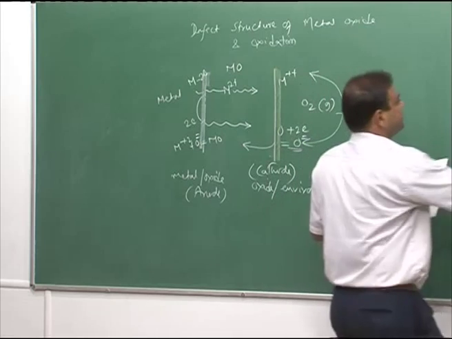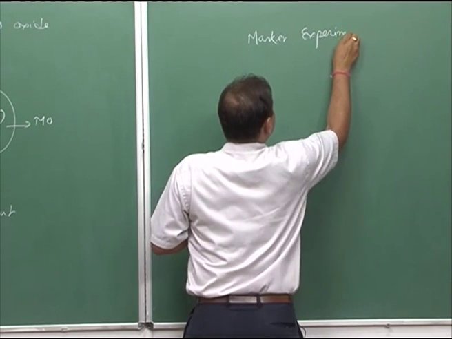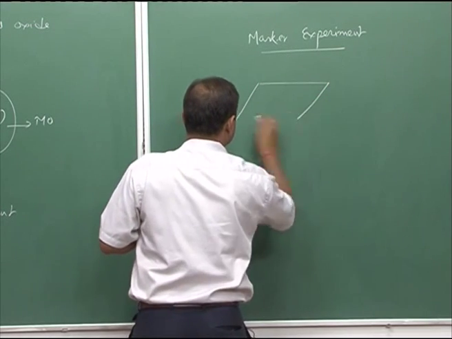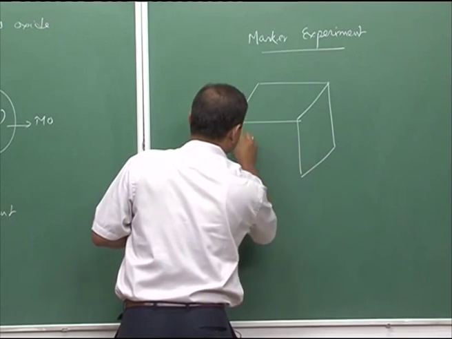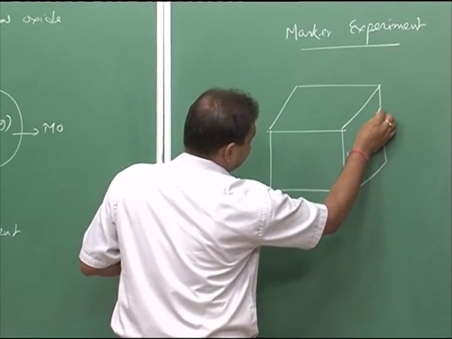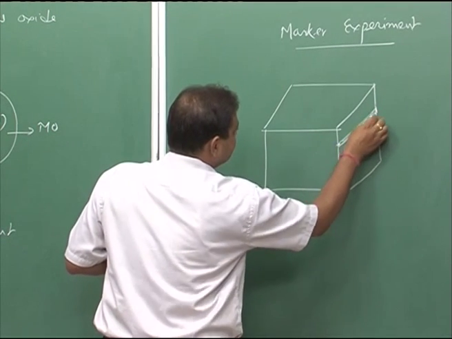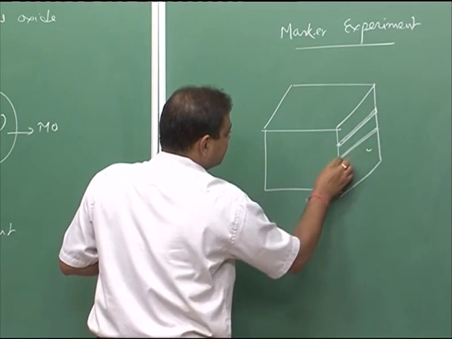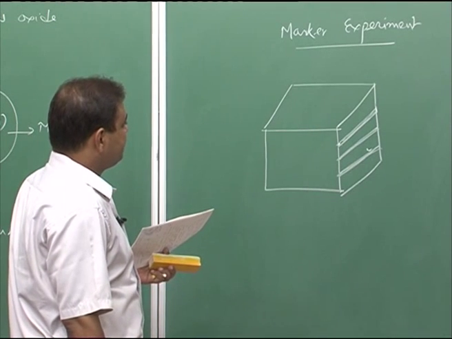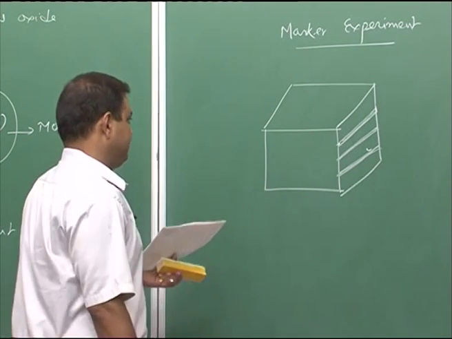So, if we do the marker experiment, let us say this is the metal surface, this surface is getting oxidized, and on this surface let us say we put some platinum wire markers, and then we expose it to oxidation and see what would be the position of this marker after oxidation.